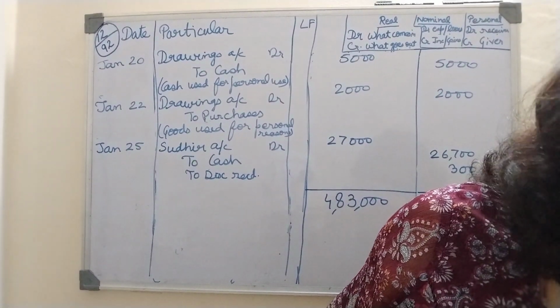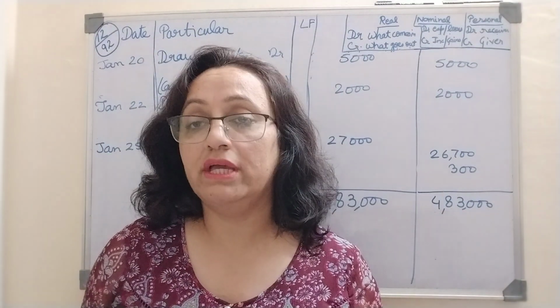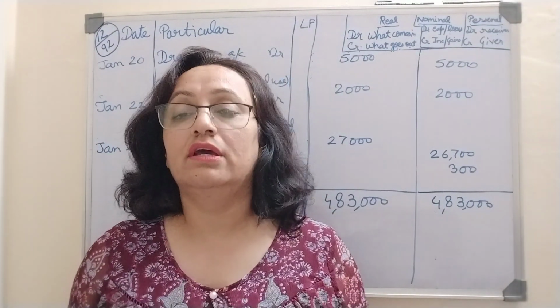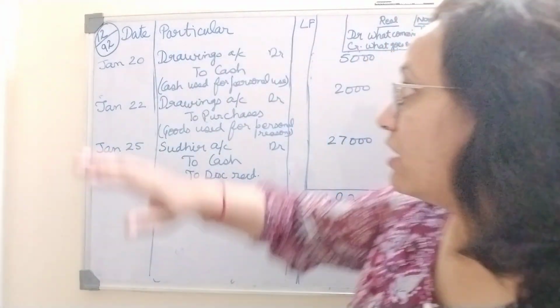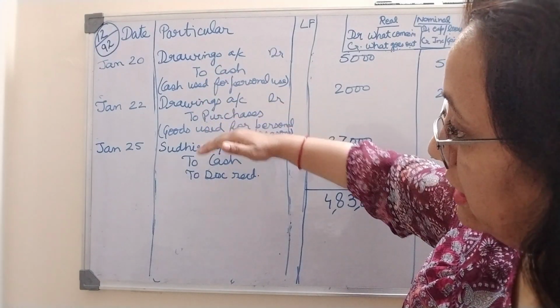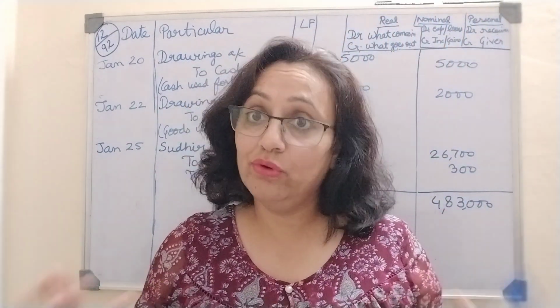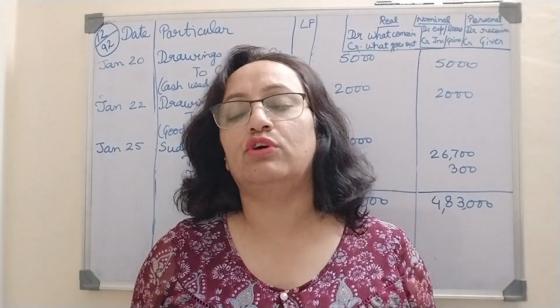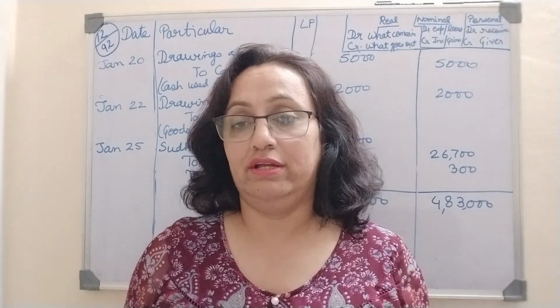I hope question number 12 will help you understand a few more challenges which you may get during journal entries. After journal entry, we have the ledger account. Whatever accounts we have maintained in it, each will be transferred to the ledger account. How it is done, I will make easy for you. I will try to explain it in the easiest way so that you will not forget.